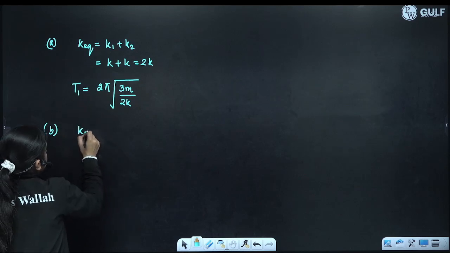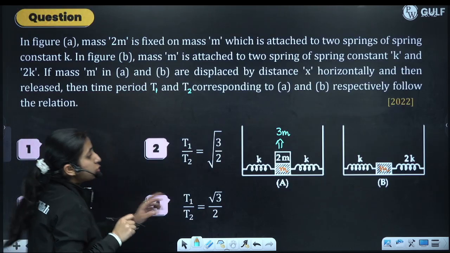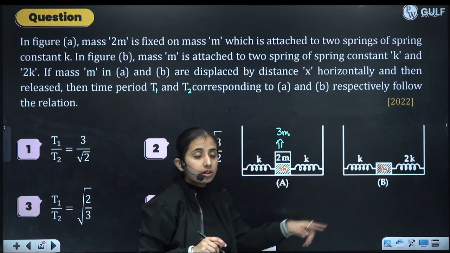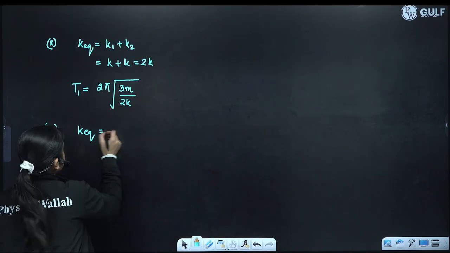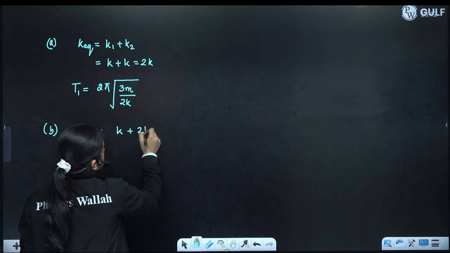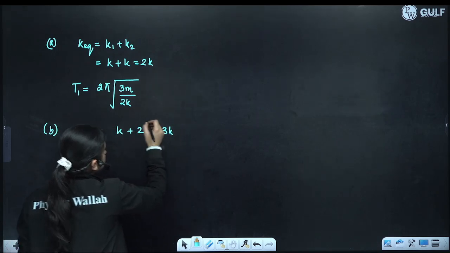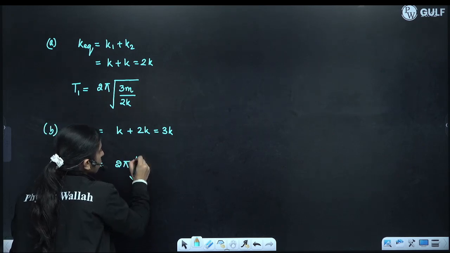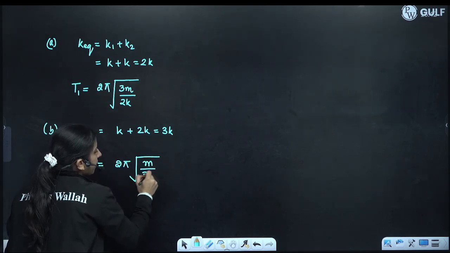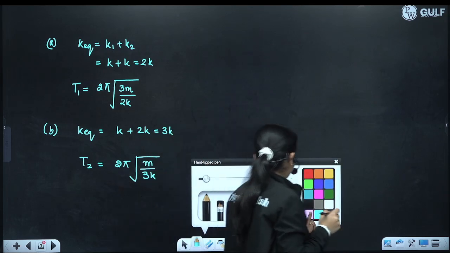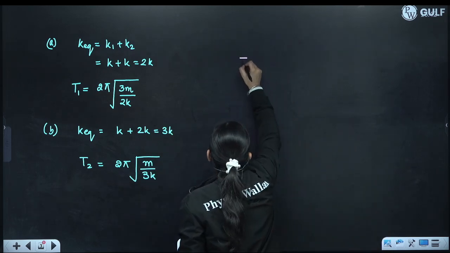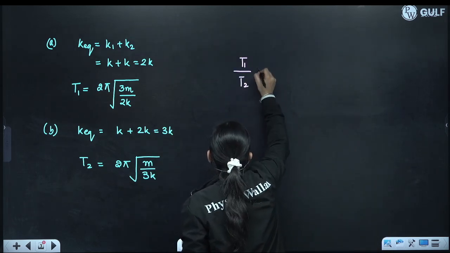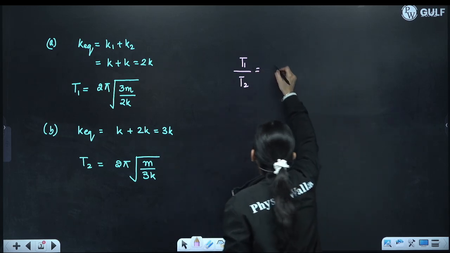Next, B part, K equivalent will be, these two springs are in parallel combination. So K equivalent will be K plus 2K, which is 3K, and mass is m only. So time period T2 will be 2 pi under root m by 3K. Now we have to find the ratio of T1 to T2. So when we divide the both, 2 pi gets cancelled out.